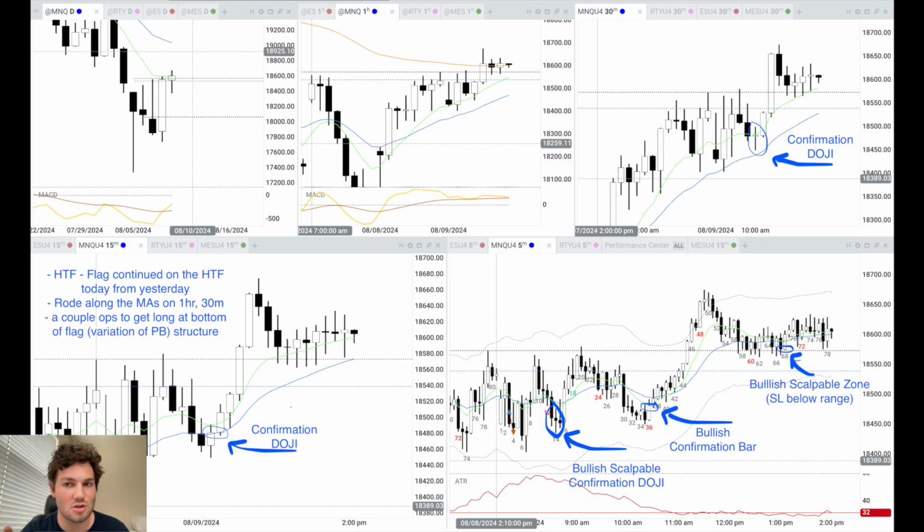And there's not really a super clear entry on the 30-minute or the 15-minute that early in the day. But that's why we use those higher time frames to get our bias and say, what's the market structure telling us to do? Oh, the market structure is saying go up. Okay. And then we look at the 15-minute and the 5-minute to actually see where those entries could be.